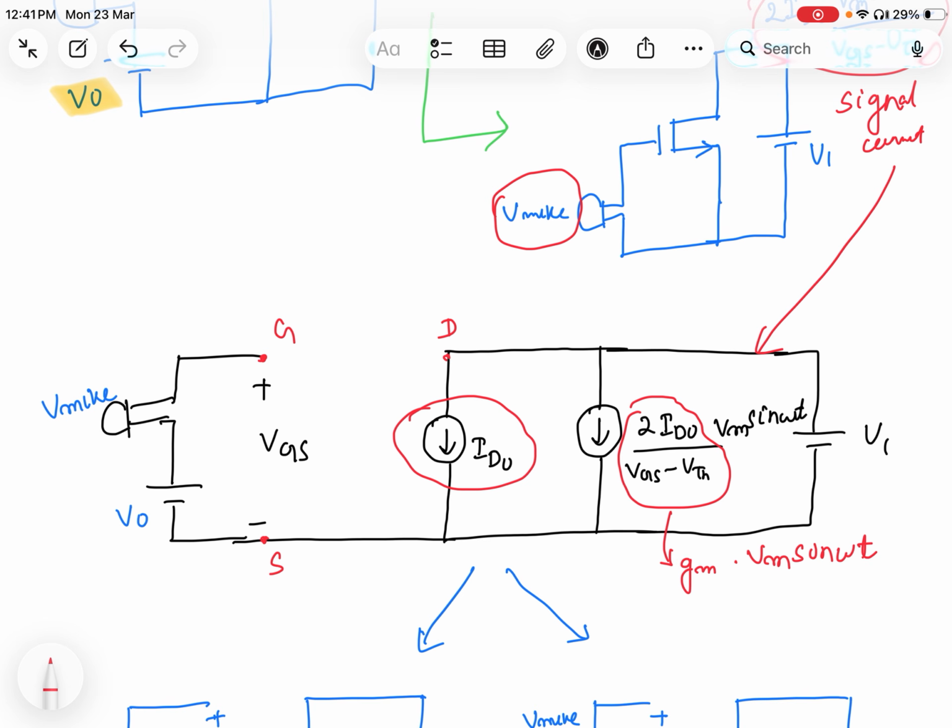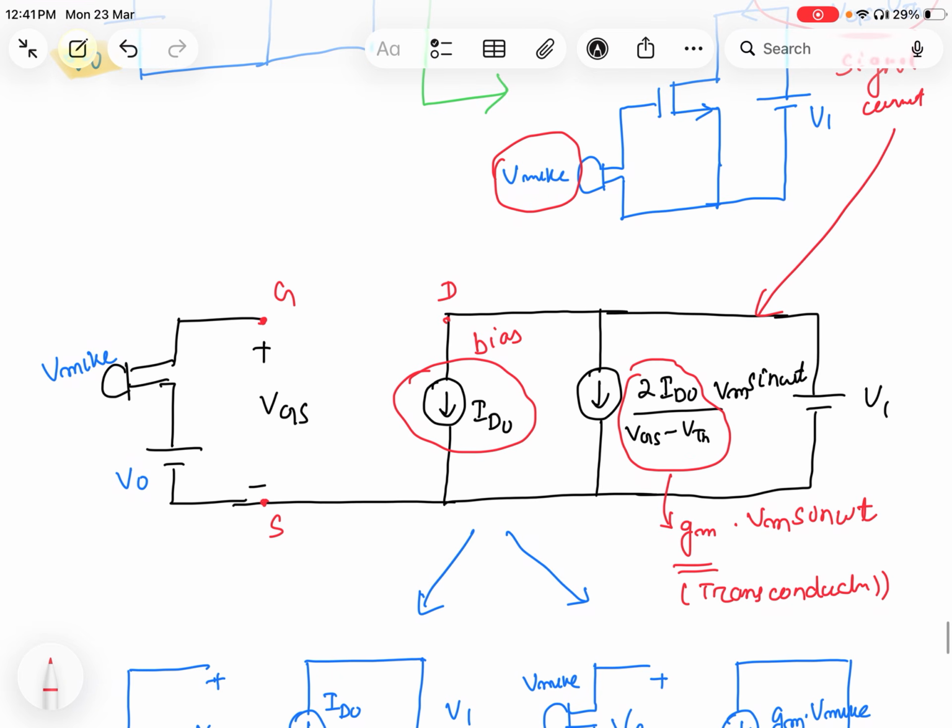Now if you remember, this 2 into ID0 divided by VGS minus VTH is called Gm, or transconductance. Already we know. So here I am finding a current ID, which is the algebraic sum of two currents: one is the bias current and another is the signal current, ID0 and 2 ID0 divided by VGS minus VTH into Vm sin omega t.